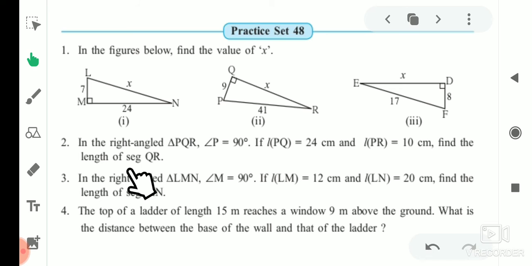In this question, in the right angled triangle PQR, angle P is 90 degree. Length of PQ is 24 centimeter. Length of PR is 10 centimeter, and we have to find out the length of QR. So here angle P is 90 degree.